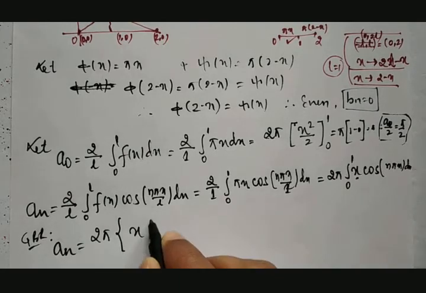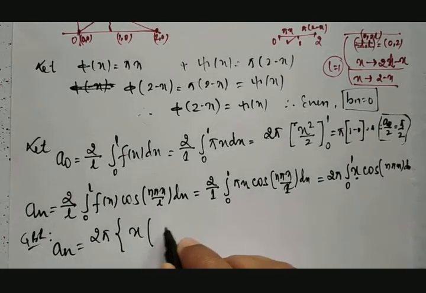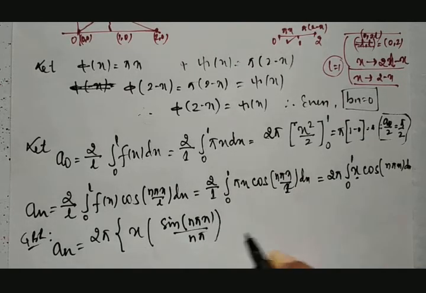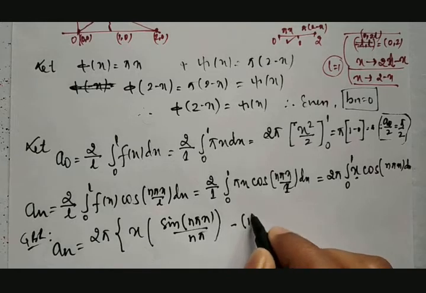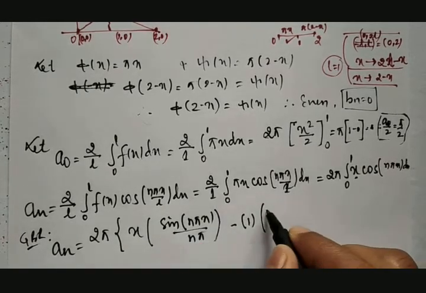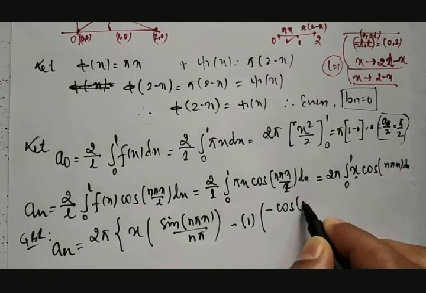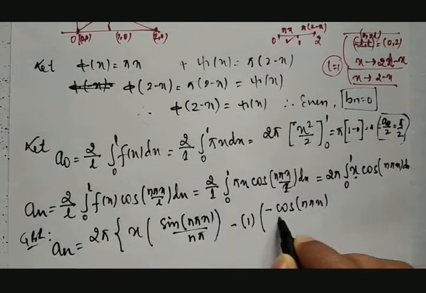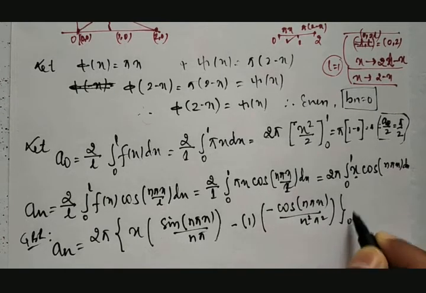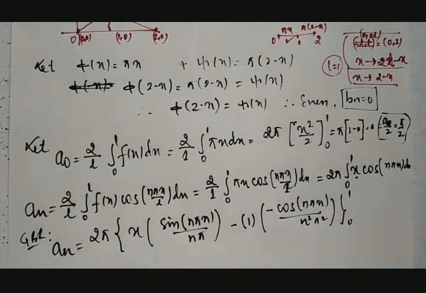Therefore, first function into integration of second function, that is sine of n pi x divided by n pi, minus differentiation of the first function, which is 1, then integration of the second function, which is minus cos n pi x divided by n square pi square, between 0 to 1.